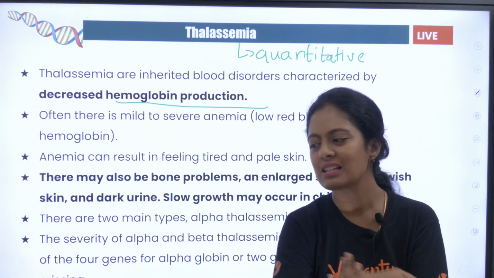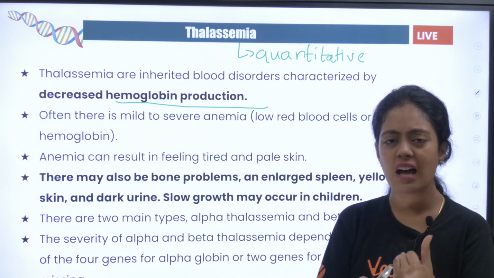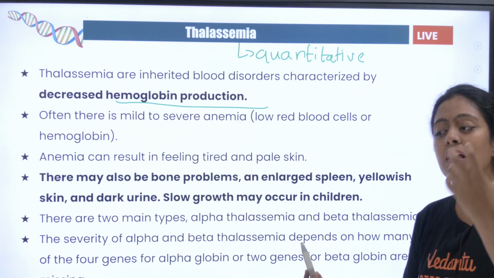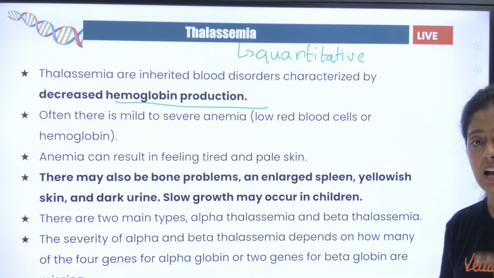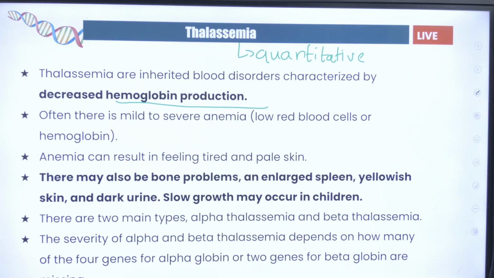It can range from mild to severe anemia. And what is anemia? It results in tiredness, fatigue, breathlessness. They are all the symptoms of your anemia. There may also be bone problems, enlarged spleen, enlarged skin, and dark urine. Slow growth may occur in children.